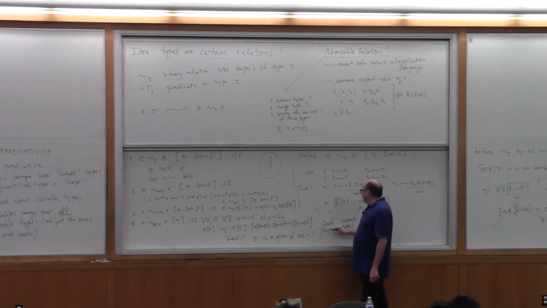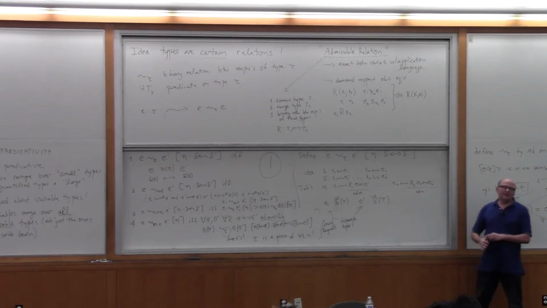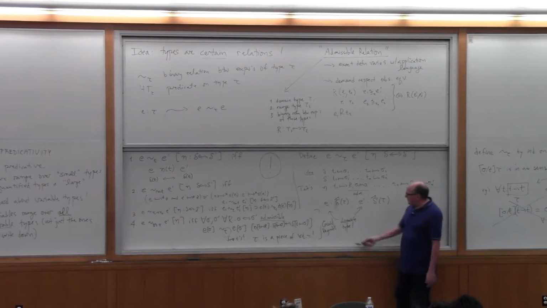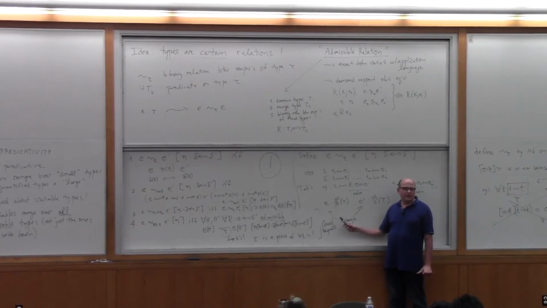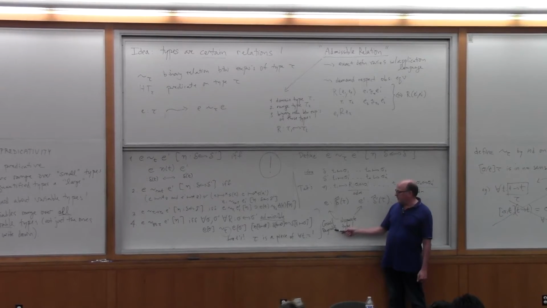Girard actually did it for something morally equivalent to hereditary termination. There are some technical things let's not go into about that, but morally it's hereditary termination. And for whatever reason, he didn't think about equality, and it was Reynolds who thought about equality. And so it's Reynolds's contribution to realize that it gives us results about equality of expressions of polymorphic type.